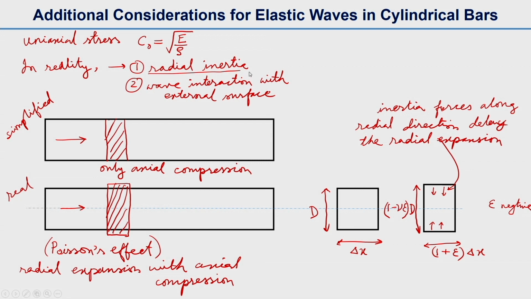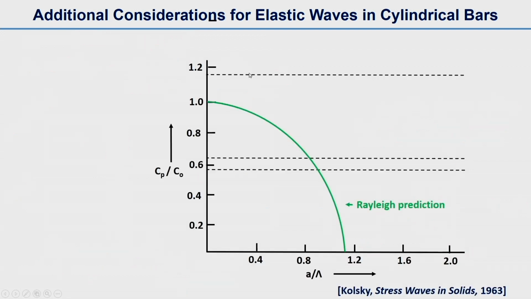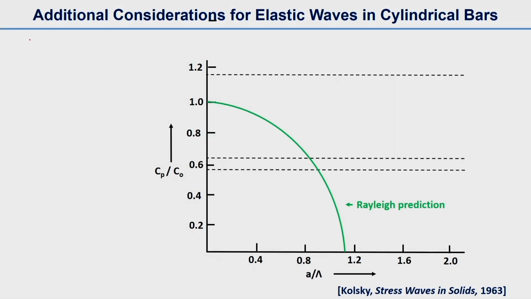Okay, now we will talk about the wave interaction at the surface. What we initially found for the uniaxial stress case is that C naught is the square root of the ratio E by rho.